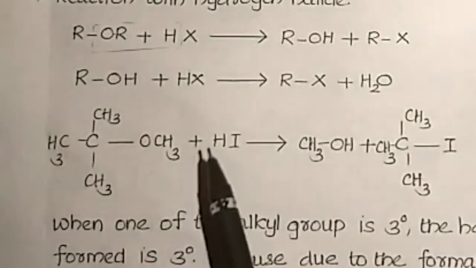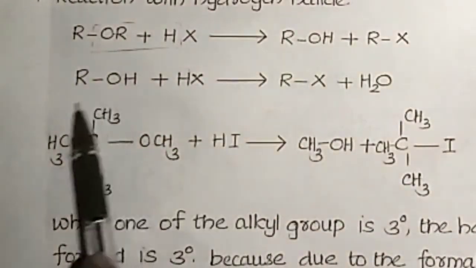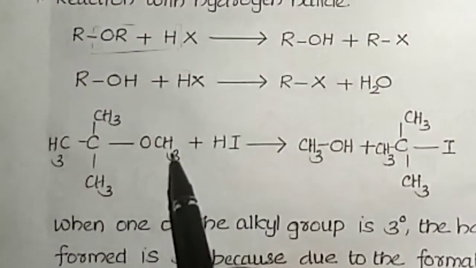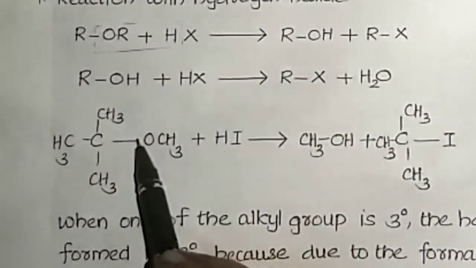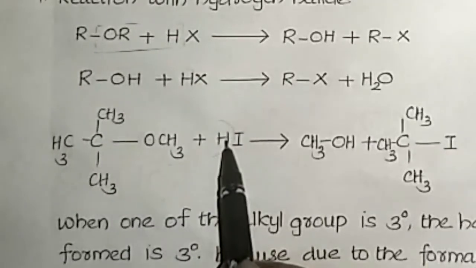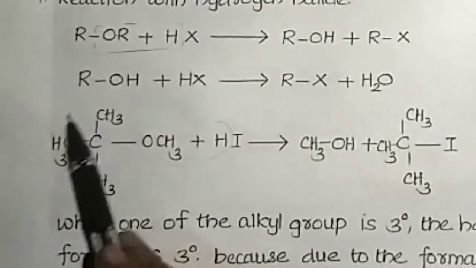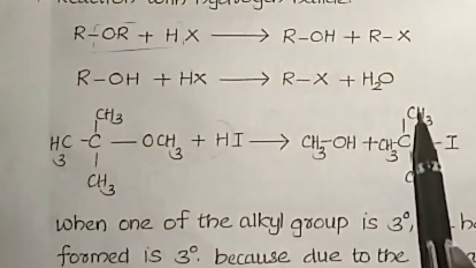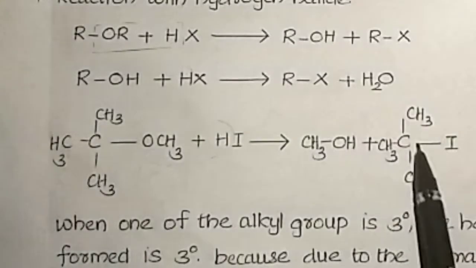Then the iodine is attached to this tertiary alkyl group, because of the bond formation here, and the products formed are CH3OH plus the tertiary group with I attached there, that is CH3I.